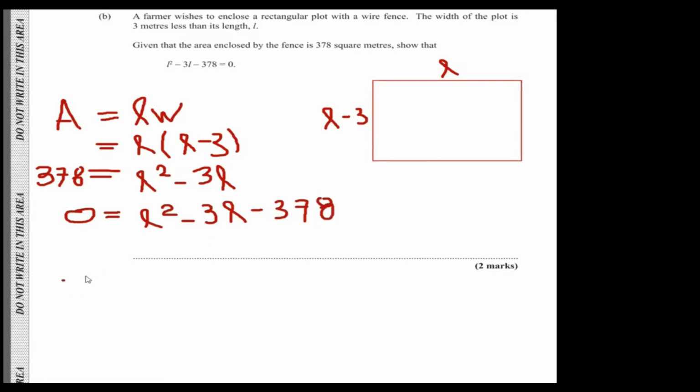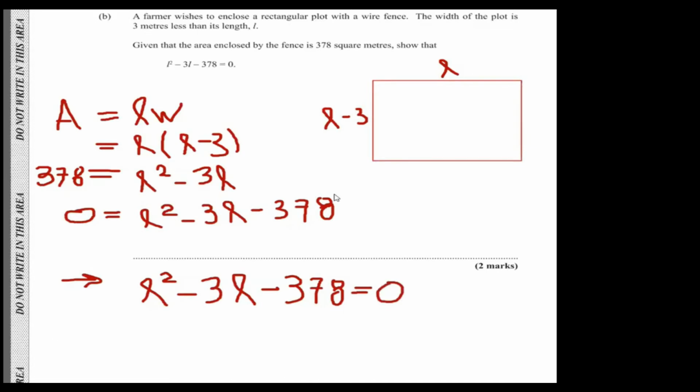That implies we can just write it back with the 0 on the right hand side to show that L squared minus 3L minus 378 is equal to 0. No issues at all. Nice.